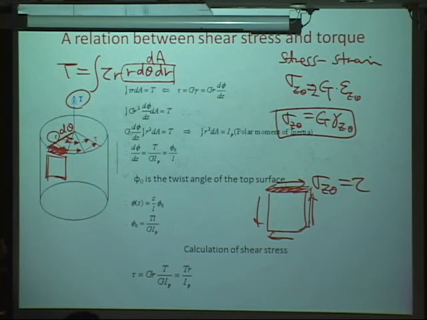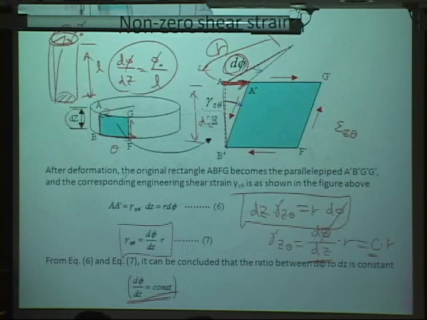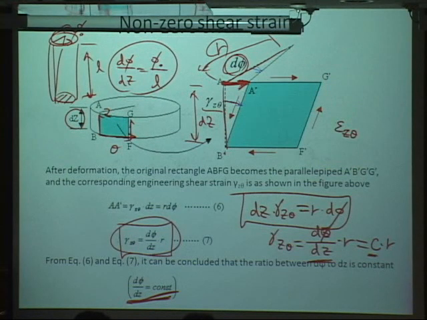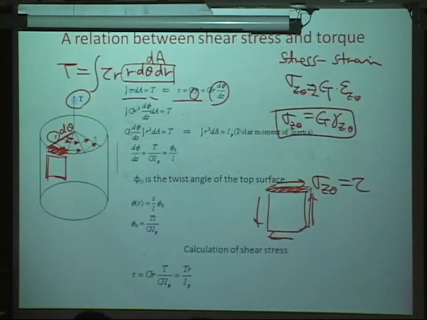So simply, that's why tau R dA is torque, and we have the relation tau equal G gamma, and gamma is given as R times d phi dz, which we obtained here. We insert this tau into here.